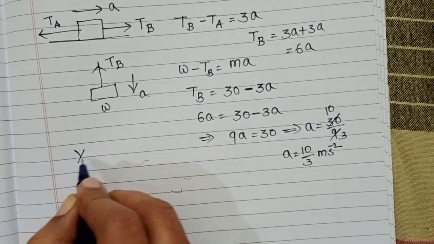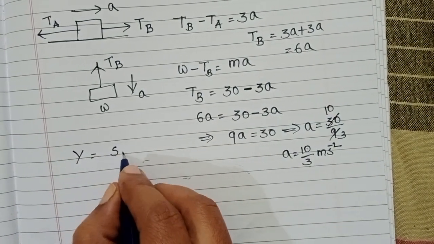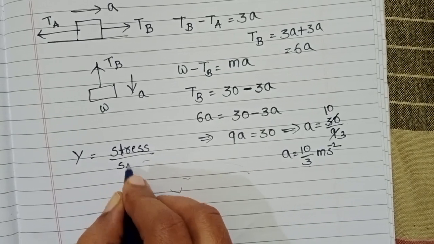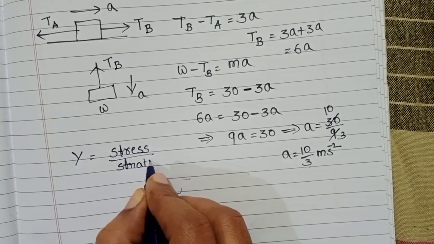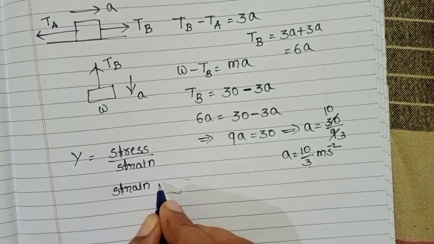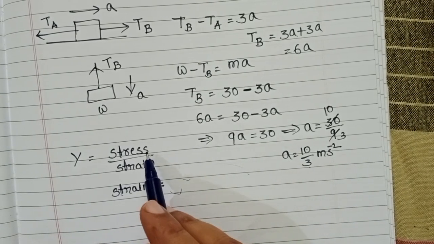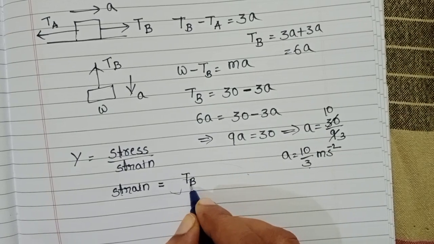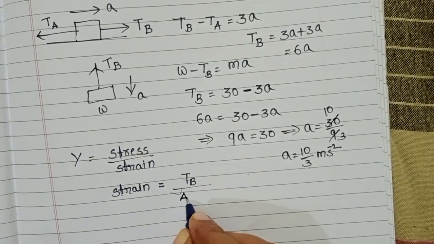Young's modulus formula: stress by strain. Strain is equal to stress by Young's modulus. Stress of the second wire is tensional force by area of cross section.